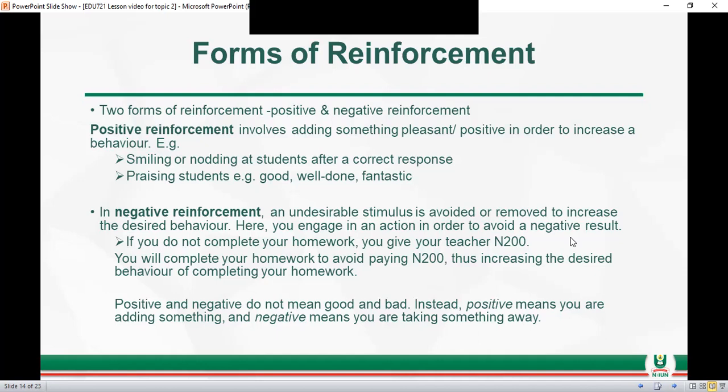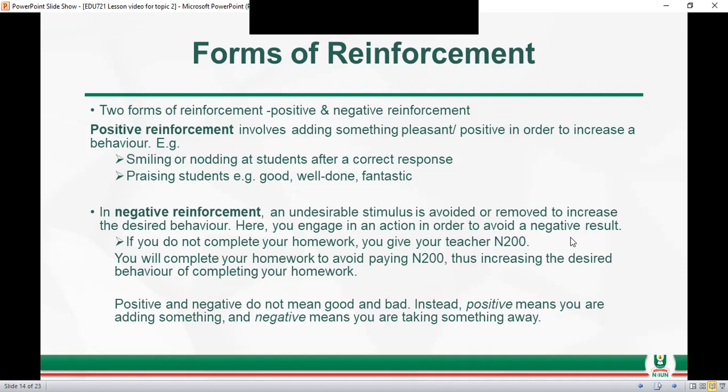It's just because it's something that is needed to earn some credit for your degree, to earn your degree. Otherwise, most people will be avoiding it. So in this case, if I say, if you complete your attendance, if you do have your attendance each week, you wouldn't do exam. Everybody will want to rush and attend the class to avoid taking the end of semester exam. So that is a kind of example of negative reinforcement.